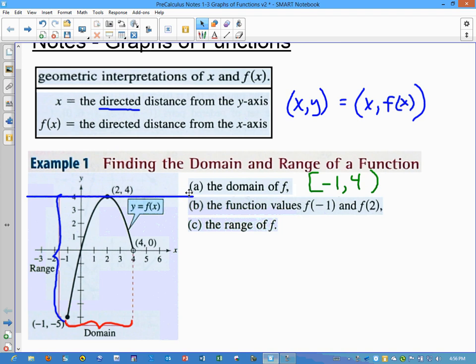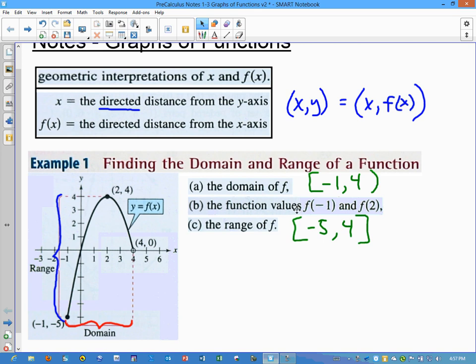The graph does not exist above that point, so that would be the upper bound for our range. So again, number-wise, we're going from -5 to +4. Those are the y values. Range has to do with y values. And notice how for both of those, they are both filled in circles. So we are going to have a closed interval from -5 to 4. So it includes both endpoints.